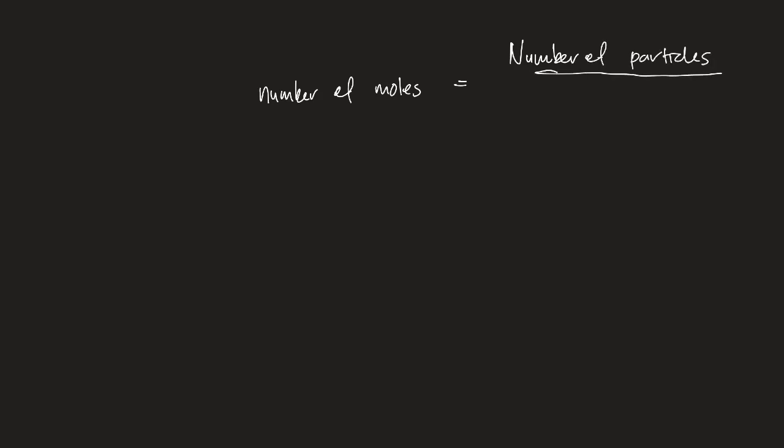All right, there's a second equation. So there's multiple equations for number of moles. So the second equation we look for is number of moles is equal to the number of particles over Avogadro's number.